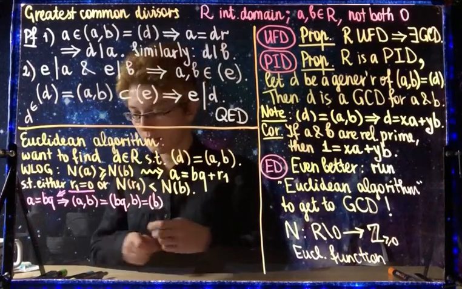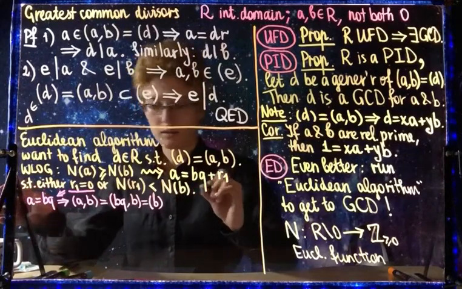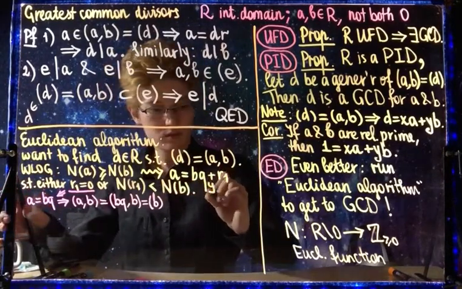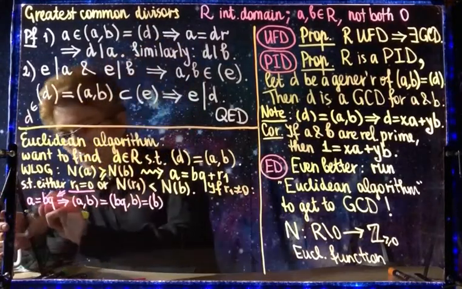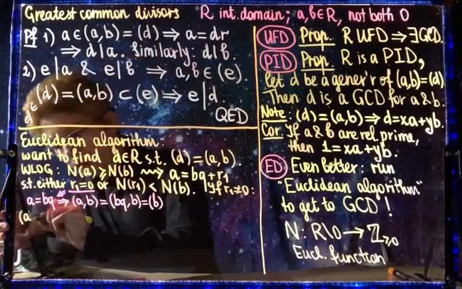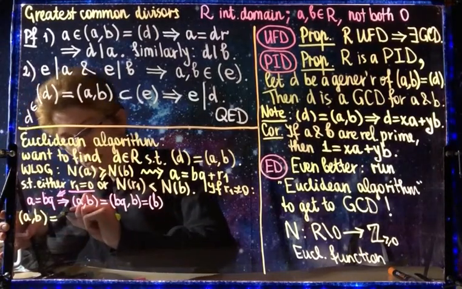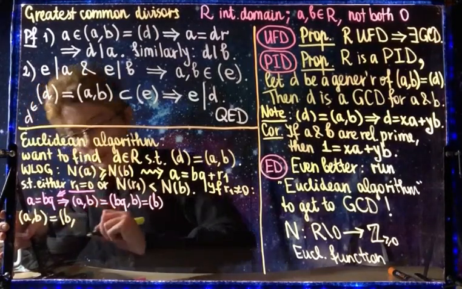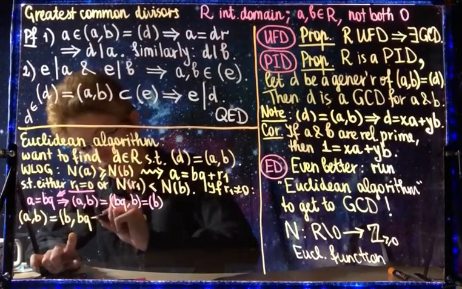And in the second case, we get that (a, b) is equal to the ideal generated by b, bq plus r1.